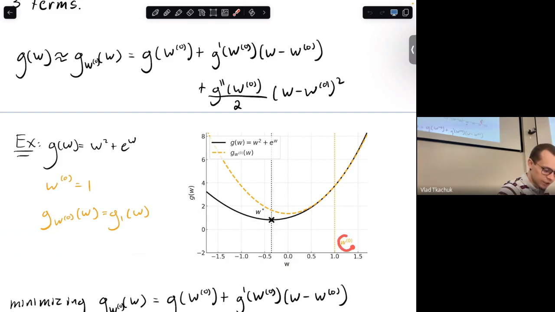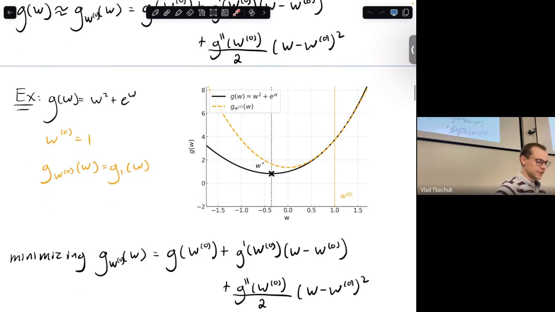Here we chose W naught equal to 1, and we can see that the orange function is pretty good around this area. But as we get further away, like over here, it's not anywhere near as good. It gets worse and worse, and similarly if we were to draw the plot to the right. So the point at which we approximate is important, but nonetheless, we still get an approximation of the function.